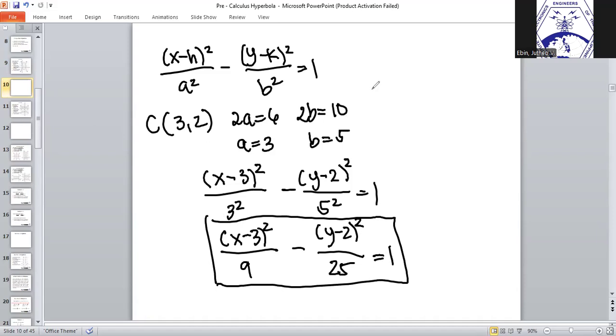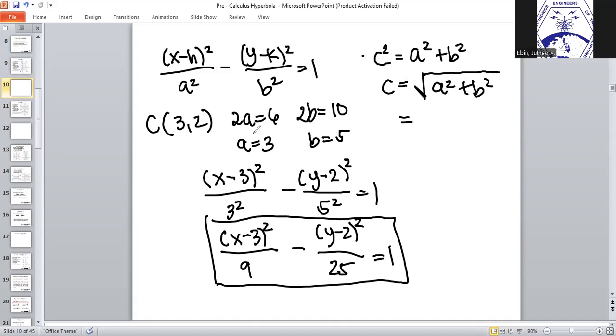Now, we are also asked to determine the coordinates of the foci. So sa letter E, to find the coordinates of the foci, we need letter C. Yung C natin, this is the distance between the center and the focus. So meron tayong formula na c squared equals a squared plus b squared. So c is equal to square root of a squared plus b squared.